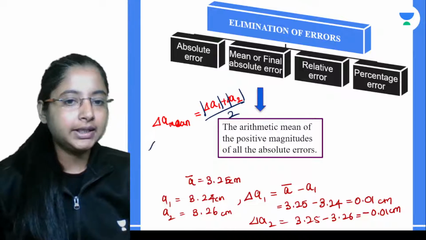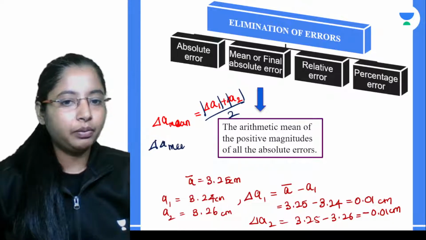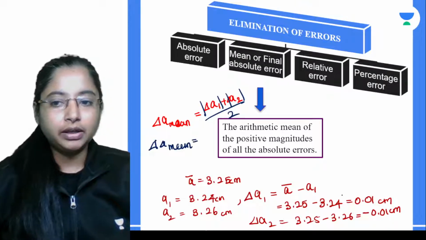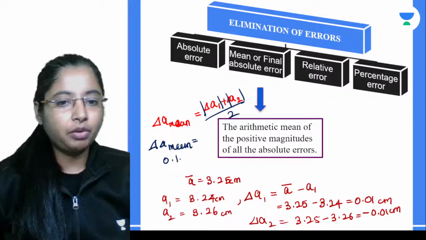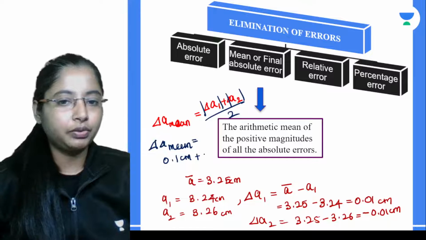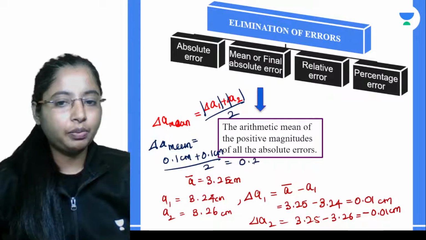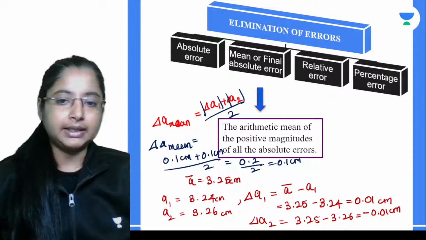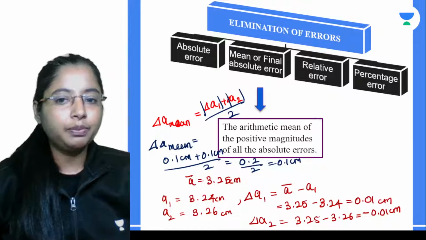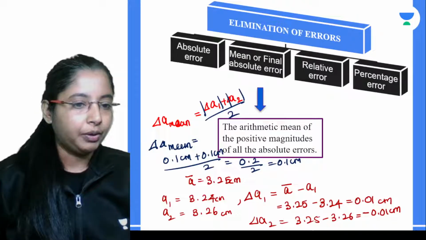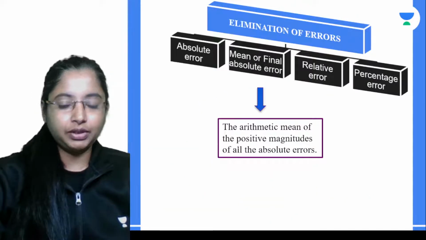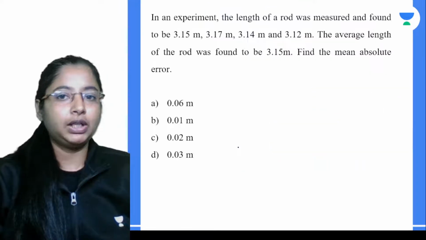So delta A mean is 0.01 centimeters plus 0.01 centimeters divided by 2. That is 0.02 divided by 2, which is 0.01 centimeters. Do not add them and cancel them. You have to take the positive magnitude. Now that you have this, let's quickly do the numerical before we return back.